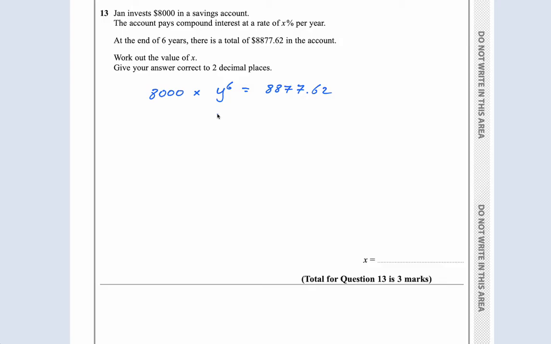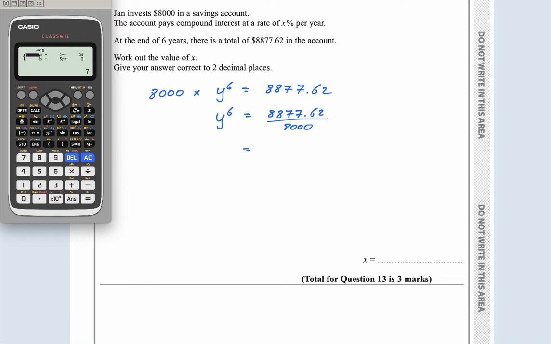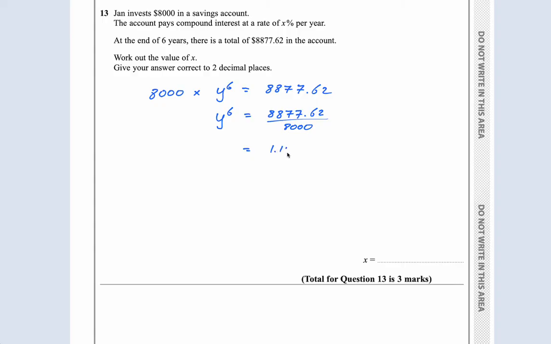Well, if I find y, which I can do now, I'm going to say y to the power of 6 is equal to this divided by 8,000. So it's 8877.62 over 8,000. Let's do that. 8877.62 divided by 8,000 is 1.1097.